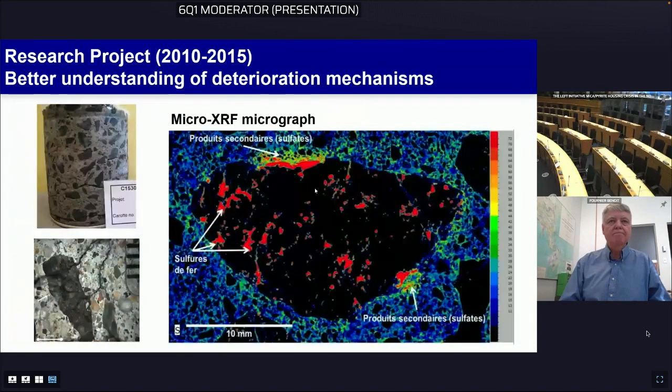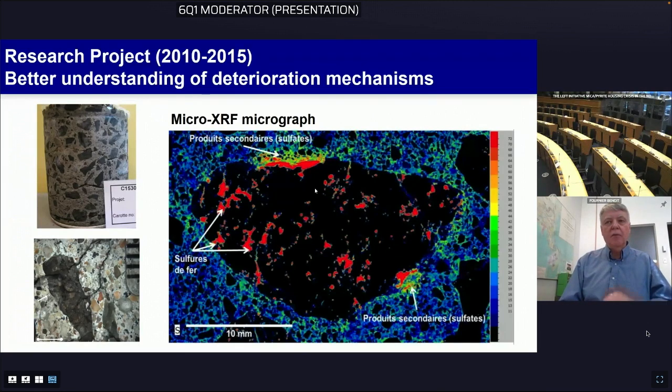So we were able, through the examination of concrete cores from those concrete affected by this deterioration, to examine the cracking development in the concrete and in the aggregate particles. We highlighted the presence of the sulfide minerals, as you can see here by the red color faces in the aggregate particle in the middle picture, which is pyrrhotite.